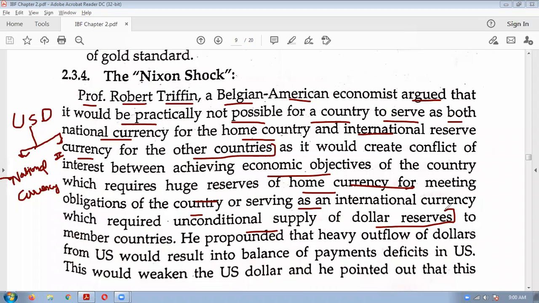No? There will be various requirements of funds for the government for infrastructure activity, economic development activity. So for USA, US dollar was the national currency. So it should take care of its own economic objectives also. No? For that, it will require dollars.